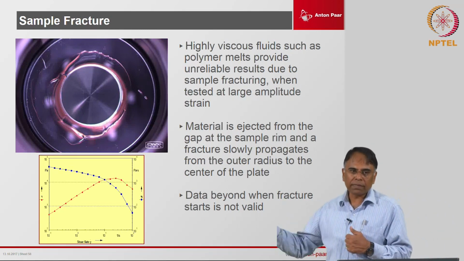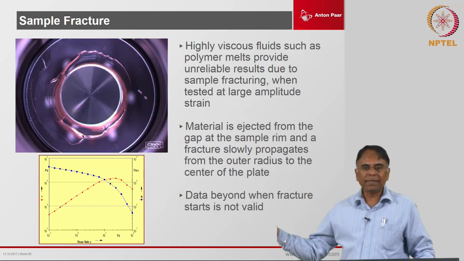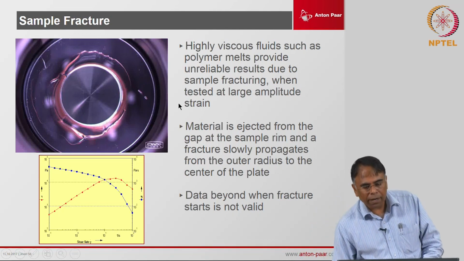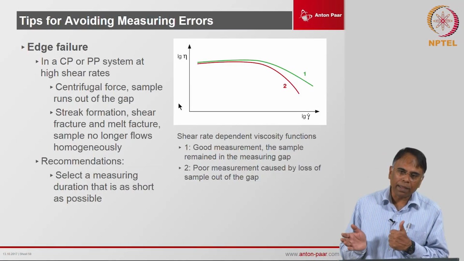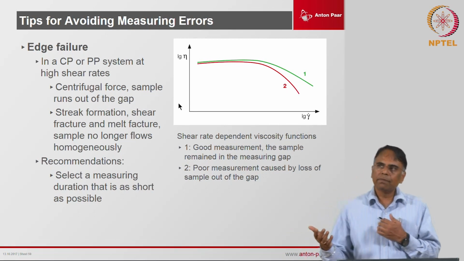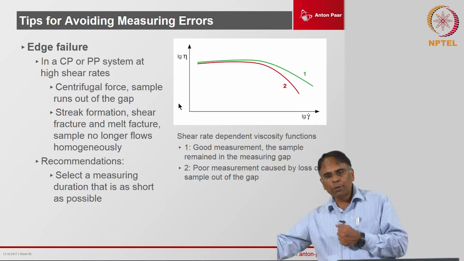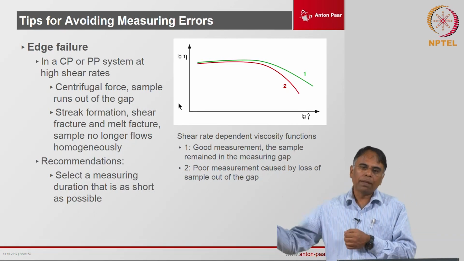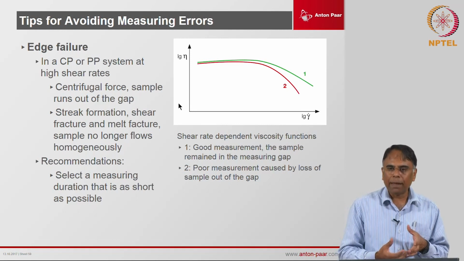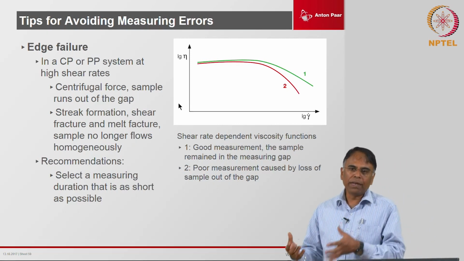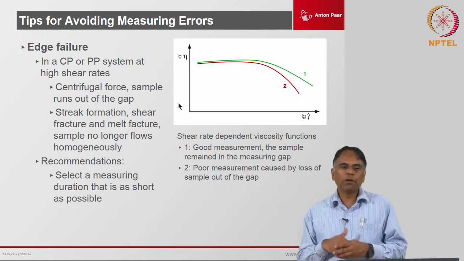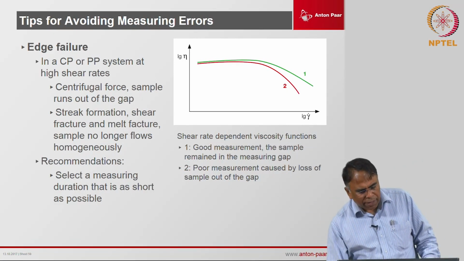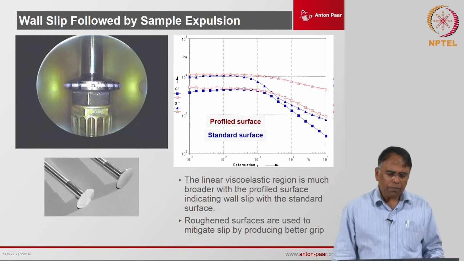So the edge fracture effects will happen at these high strain non-linear regions, and we really need to know where they are happening, because otherwise we may think this is due to the degeneration of the structure, but it can be due to the sample not being held inside the gap. The sample is not filling the gap, and that is also causing the fall of the moduli.